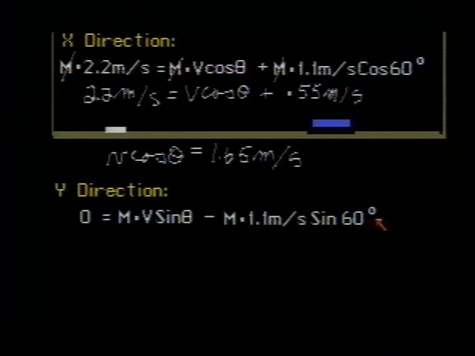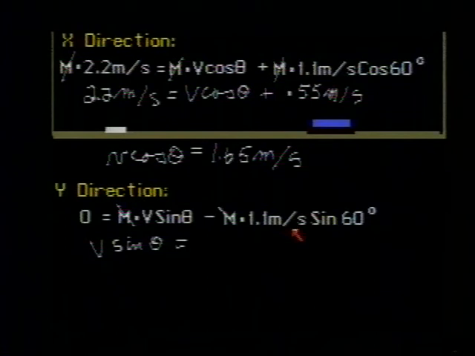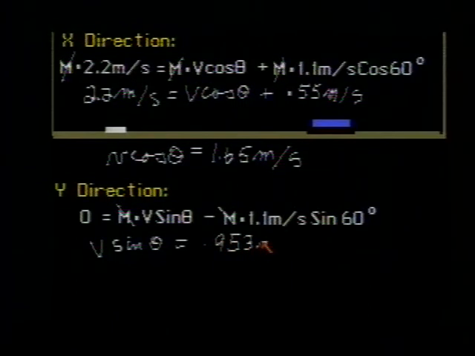Again, the m's can be canceled out, and we can solve this for v sine theta and write that it is equal to 1.1 meters per second times the sine of 60 degrees. That turns out to be 0.953 meters per second. So now we have two equations and two unknowns.